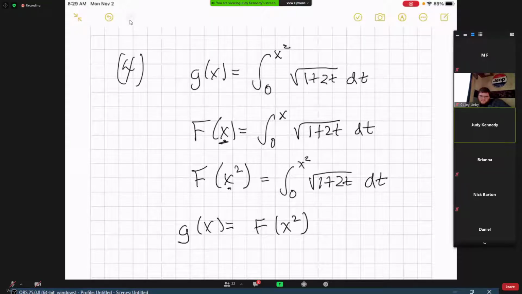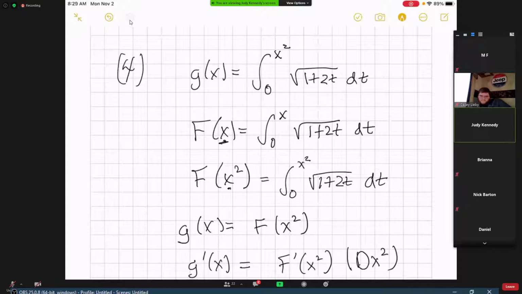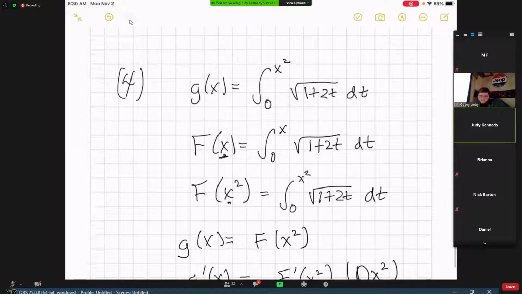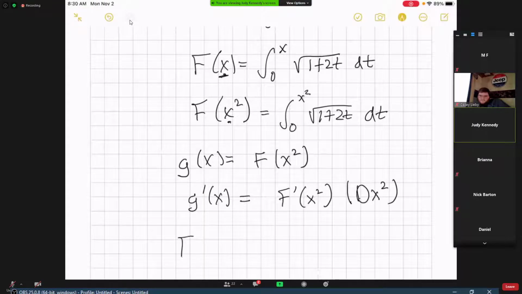And that means g prime of x is going to be f prime applied to x squared times the derivative of x squared. Well, f prime of x, I'll call it z.